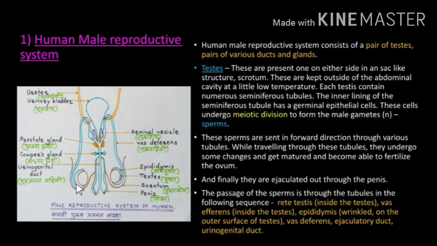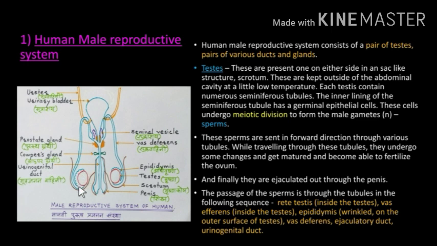The passage of the sperms is through the tubules in the following sequence. One of them is the rete testis, which is present inside the testis. Then the vasa efferentia, which collect the sperms from this rete testis.